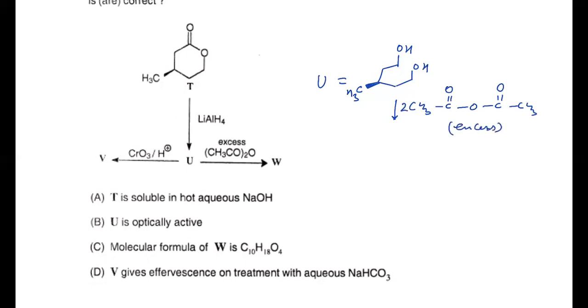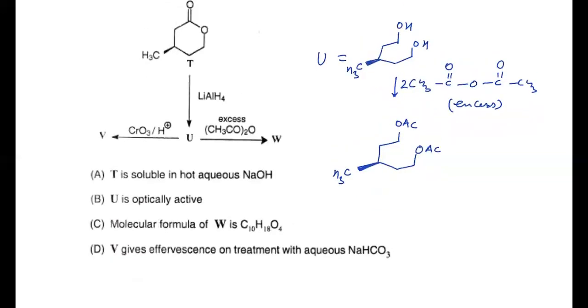So this final product will be OAc. This is also OAc, like this. And if you oxidize this substance with CrO3/H+, the alcohol will convert to a carboxylic acid group.